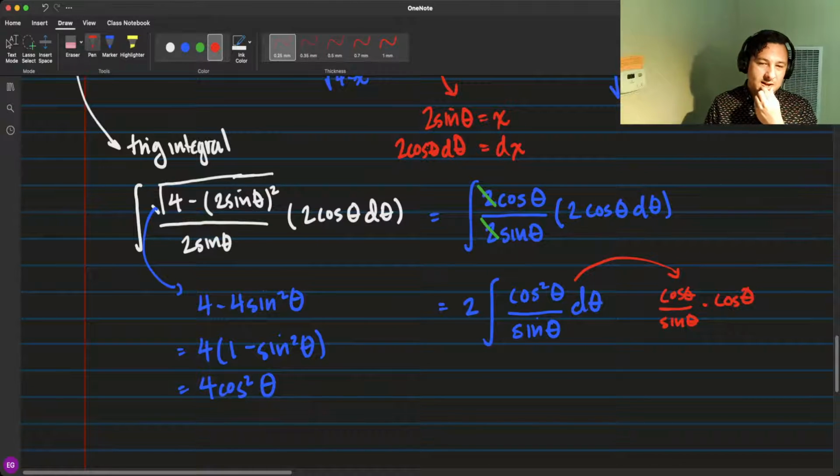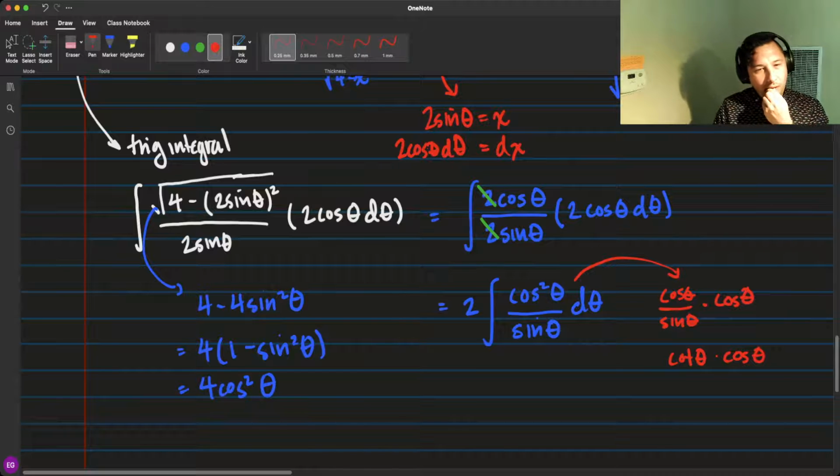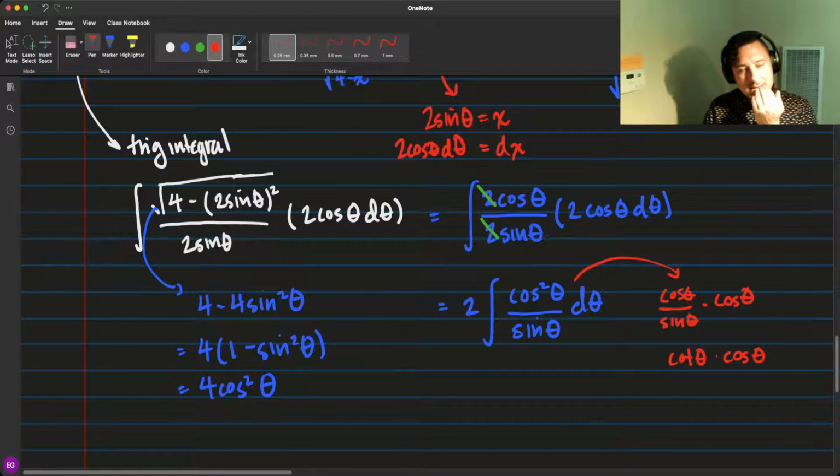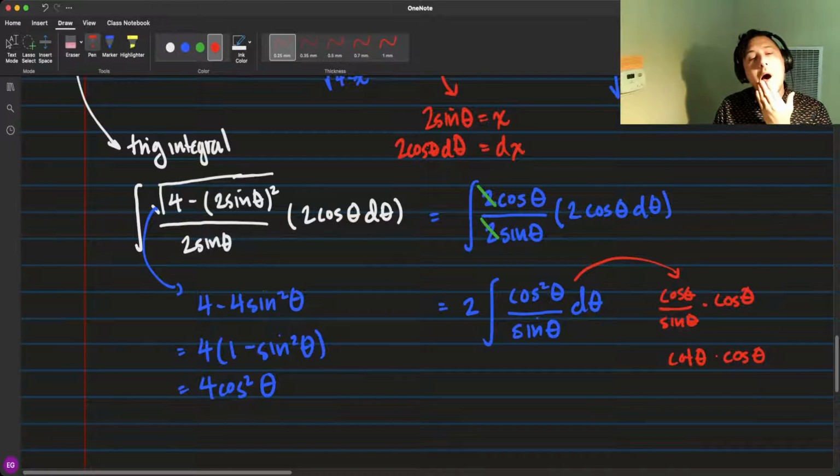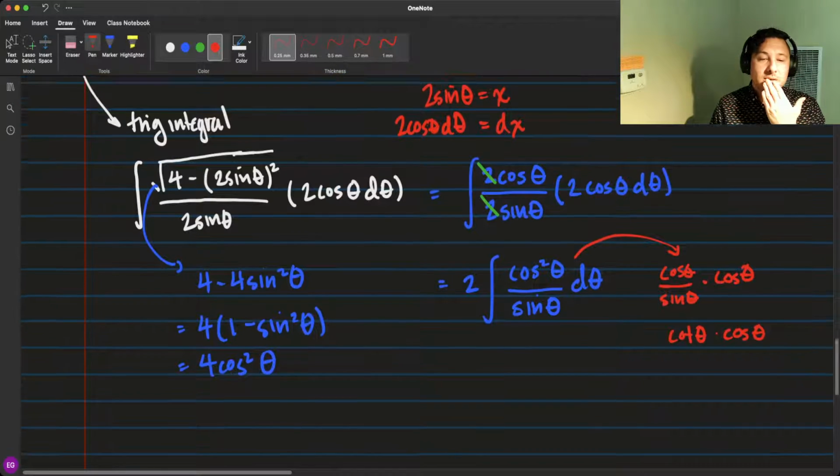Okay, and so the cosine theta over sine theta is cotangent times cosine. Is that going to work? Yeah, I think this will work. I think we can do a U substitution though.